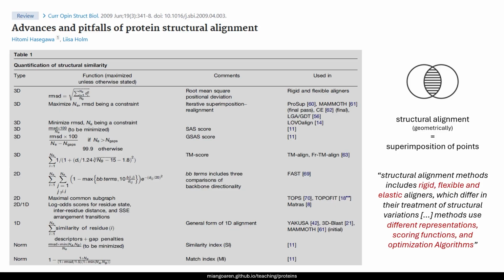So these metrics are the ones that are usually used, especially the RMSD, and secondly the TM score, when we are making more general comparisons.